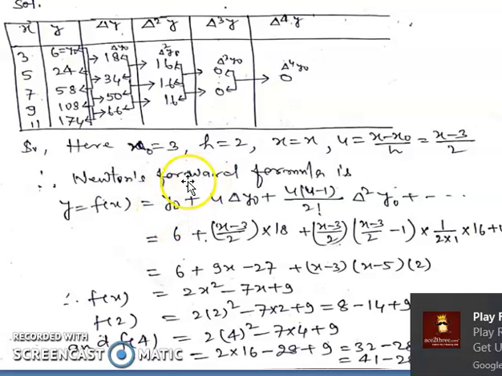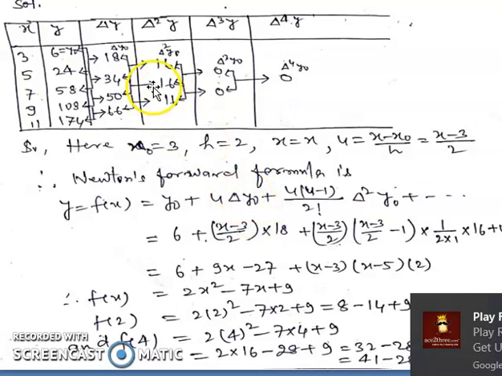So put in all the values from the table above. y0 is 6, so write down 6 plus u, which is x minus 3 divided by 2.